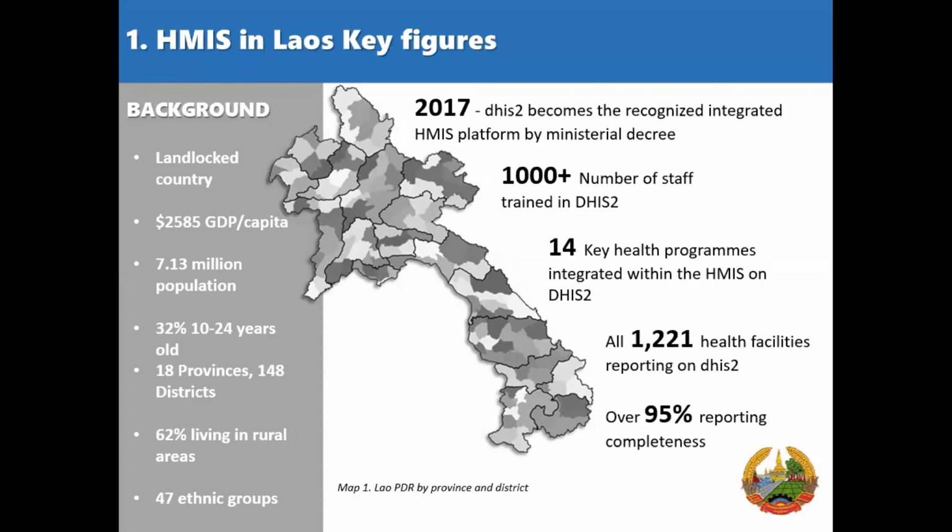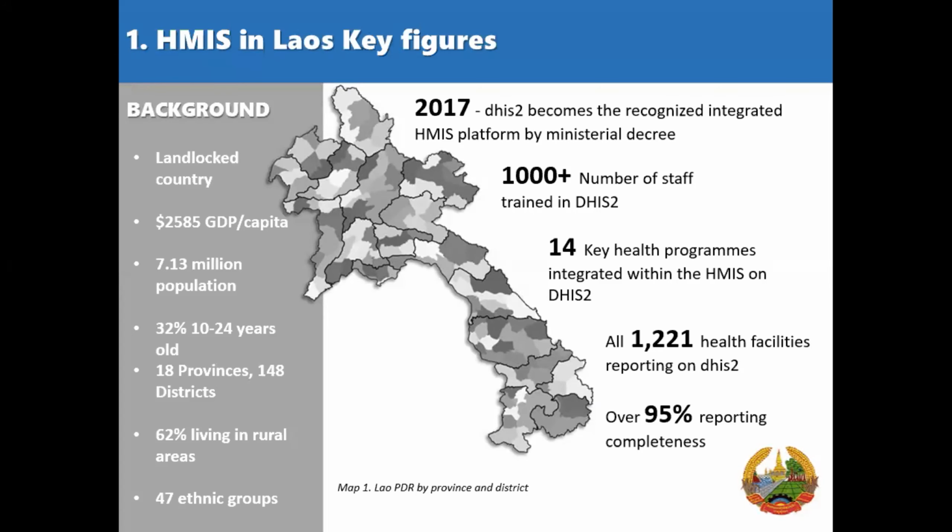DHIS2 started in 2015, and in 2017 it became the coordinating integration platform for the whole country. So far we have trained more than 1,000 staff, not only on data entry but also on using the system, managing the system, everything.